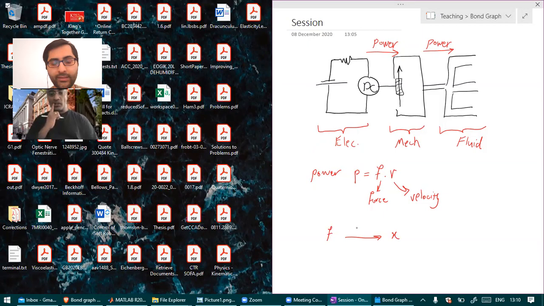A specific physical element like a spring, because there we have force equal to kx. So a spring relates force to x.